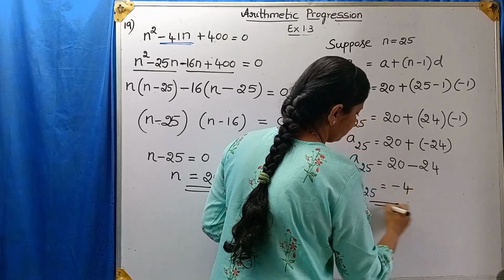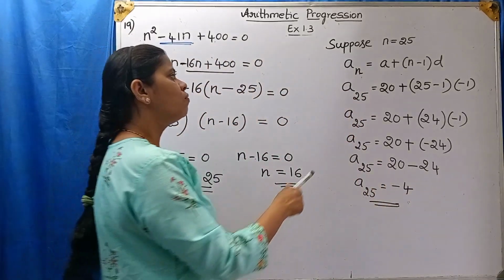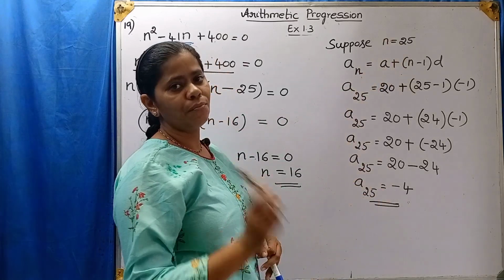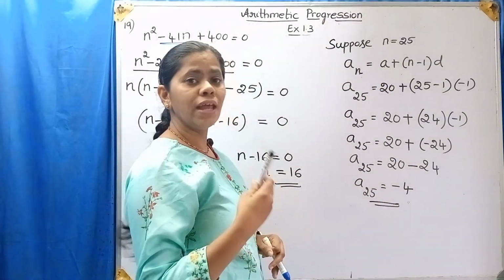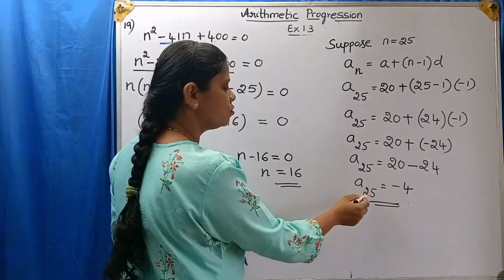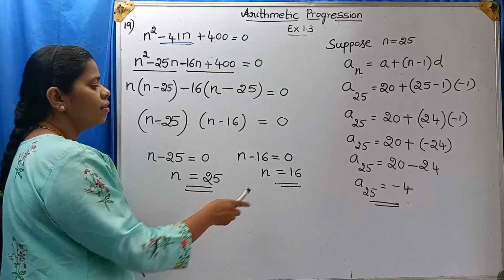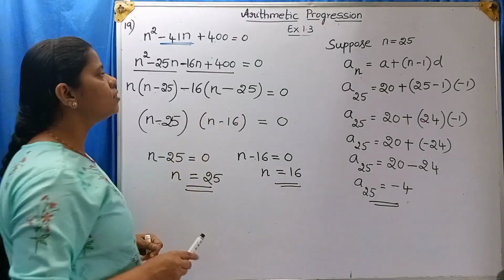Minus 4. Here, for n is equal to 25, we will get a negative number. There will be no negative logs, right? So, n is not 25.